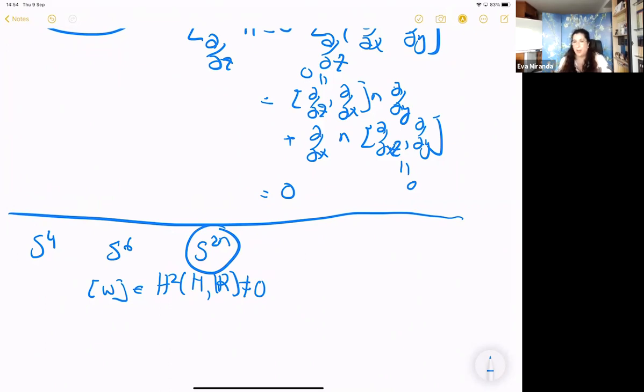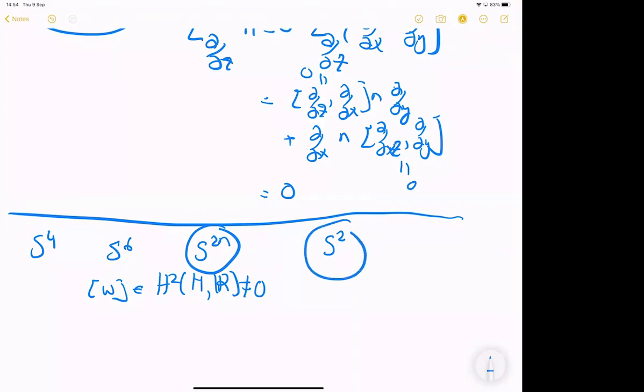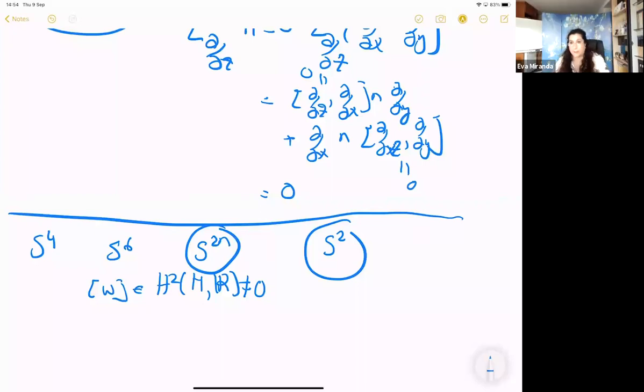The only sphere where this doesn't vanish is S2. So I'm also a fan of spheres, but spheres can only be symplectic in dimension 2. And now the question is, can you put a Poisson structure on a sphere? Yes, you can. Of course, you can put the zero structure.